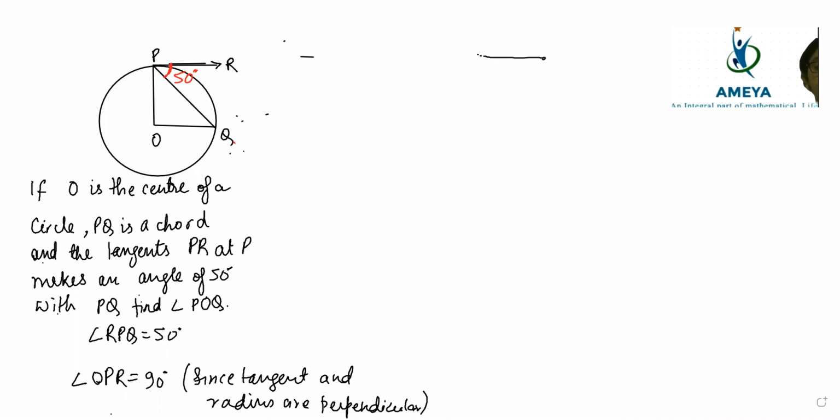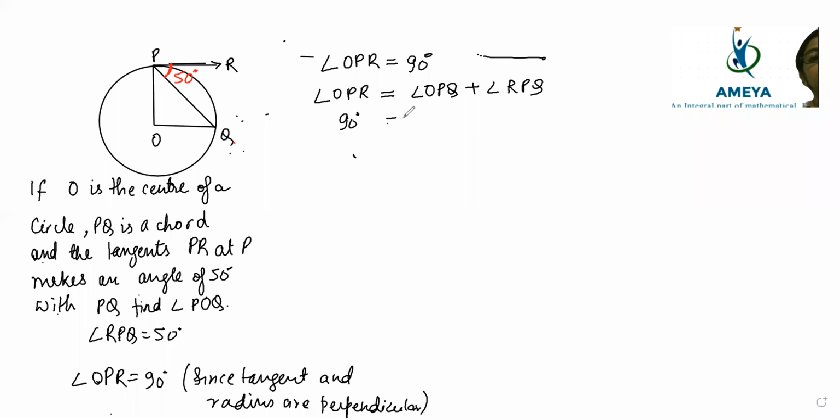Now, beta, here we can write angle OPR is equal to 90 degree. That is angle OPR equal to angle OPQ plus angle RPQ. So this is coming 90 degree equal to angle OPQ plus 50 degree. So angle OPQ is equal to 40 degree.